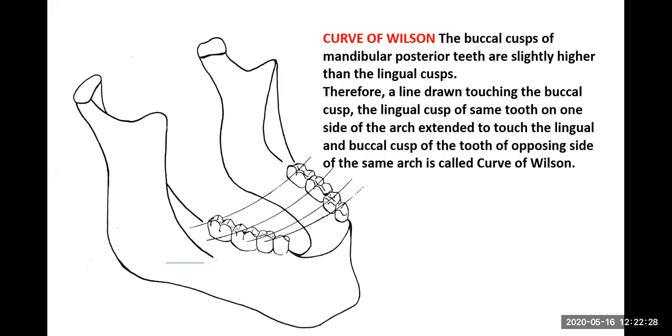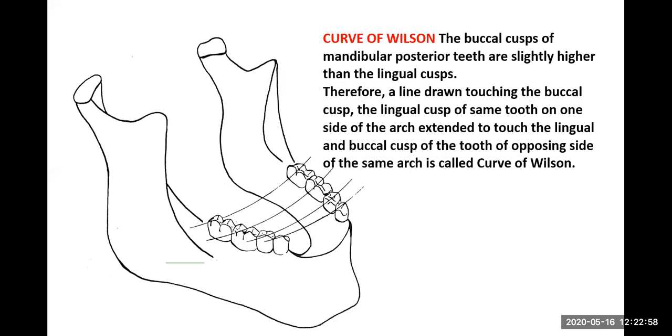So if you take a line from the buccal cusp of any posterior tooth and draw it to connect with the lingual cusp, that line will descend down to touch it.